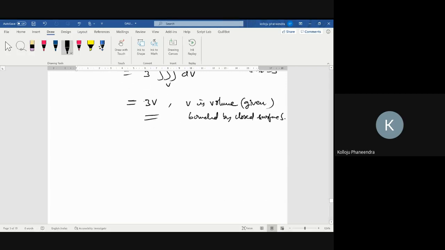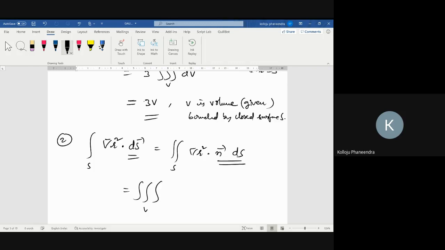Next, what is the second one? Second question: the integral over S of del r square dot dS bar. This is the double integral over S of del r square dot n bar dS. dS bar is nothing but n bar dS. So using divergence theorem, what is f bar? f bar is del r square.